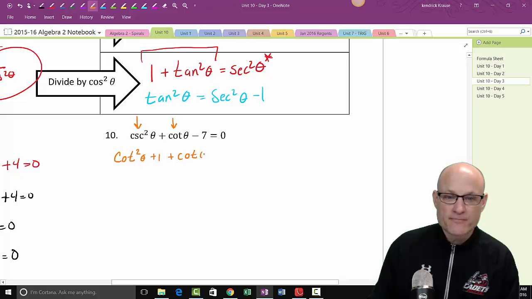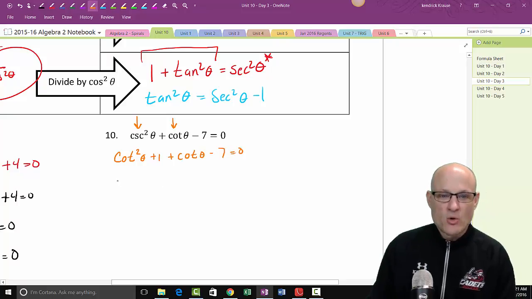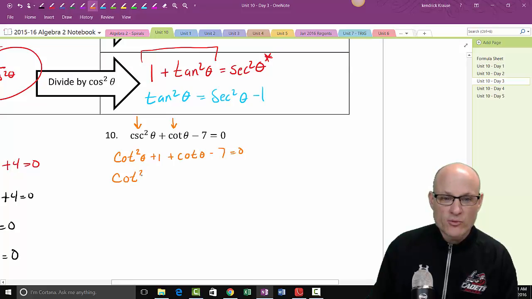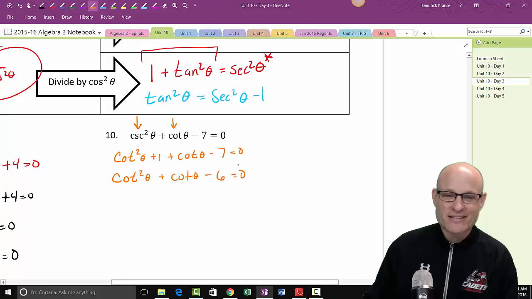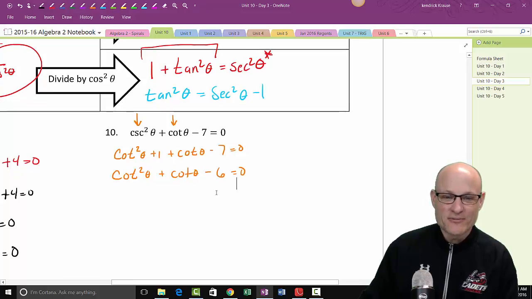Plus cotangent theta minus 7 equals 0. Or cotangent squared theta plus cotangent theta minus 6 equals 0. Factoring here can't get any easier.